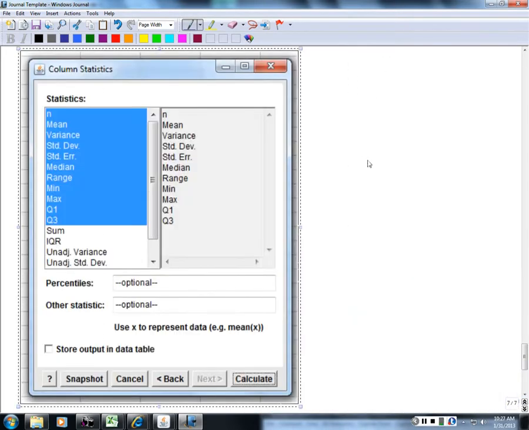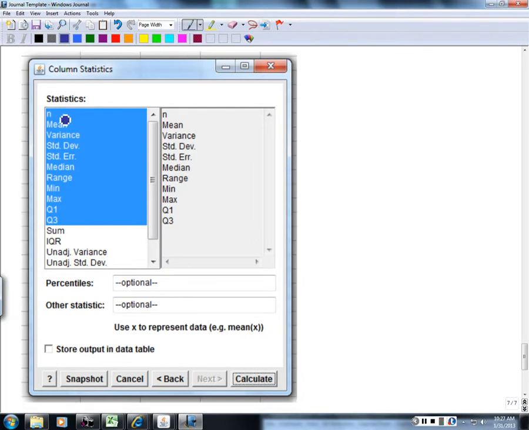Okay, there's a couple things that I want you to notice. There's actually two more values beyond the unadjusted standard deviation. One is skewness and the other one is kurtosis. Not worried about that right now. You know that you can find this right here is the number of data values.